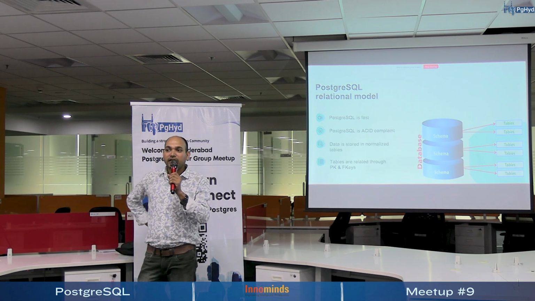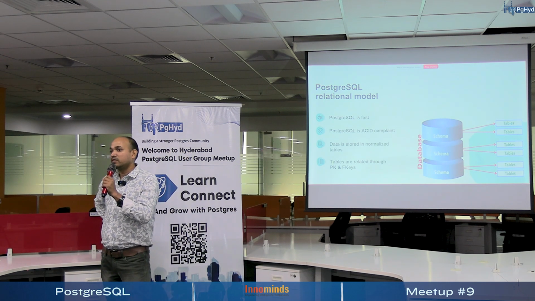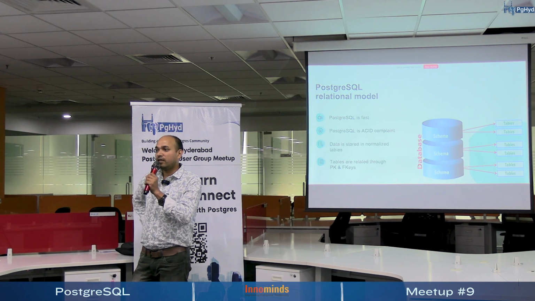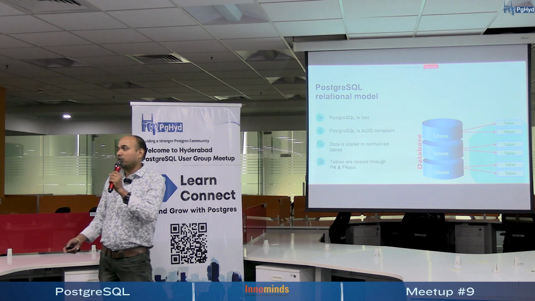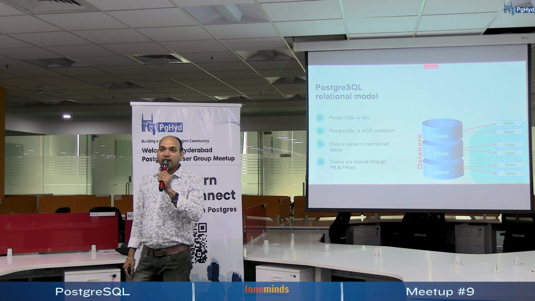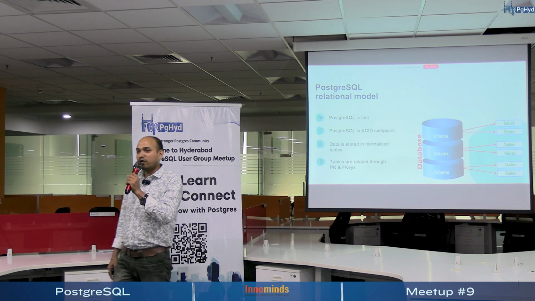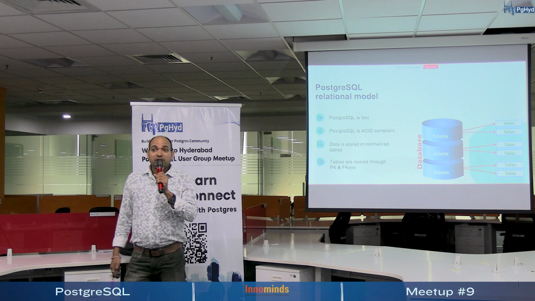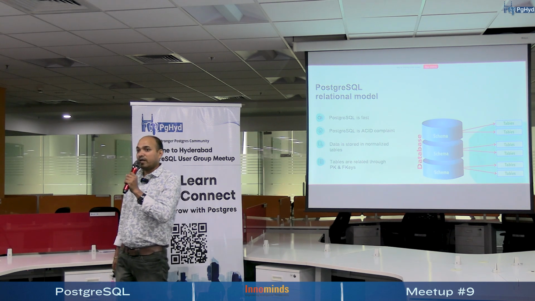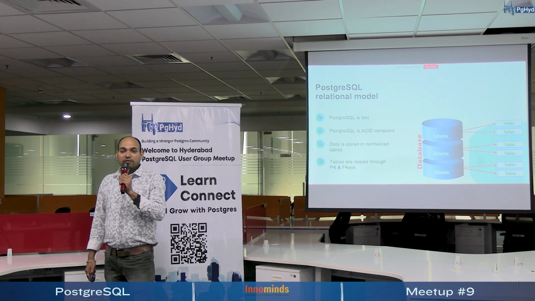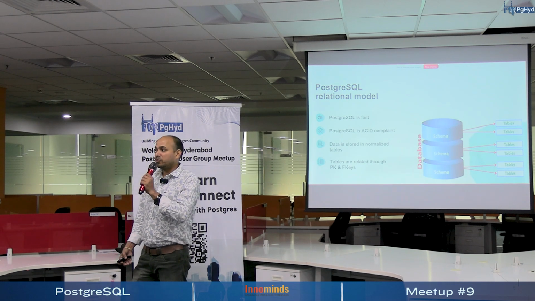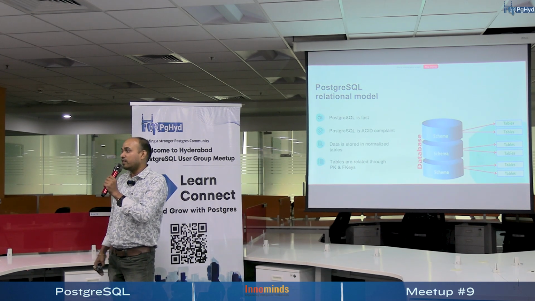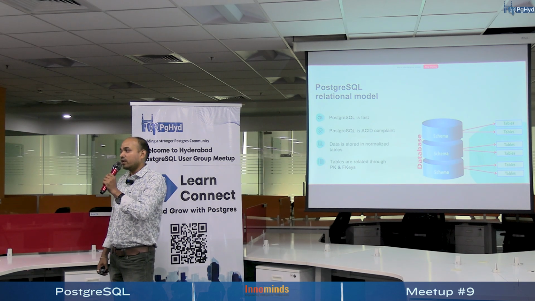Within a database we have multiple schemas and multiple tables, and they have some common columns where they are related with primary keys and foreign keys. Basically the tables that we see are normalized: a similar set of data is put into one table, and the data is broken in such a way that they have a relationship with other tables.